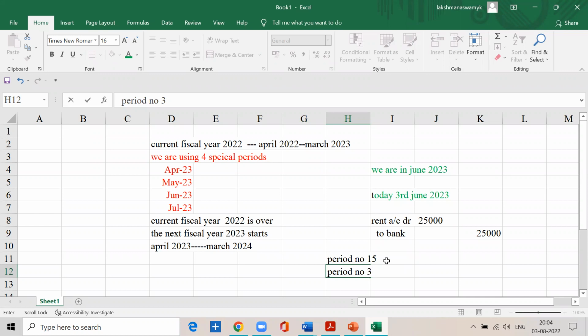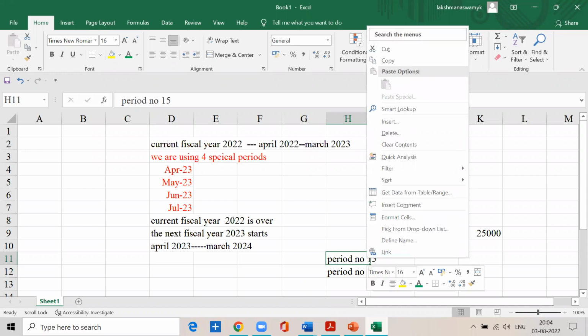Clear, no? So if the user enters the period number 3, the system understands that the business transaction belongs to current fiscal year. If the user enters the period number 15, then the system understands that it will be related to previous fiscal year as an adjustment. Right?